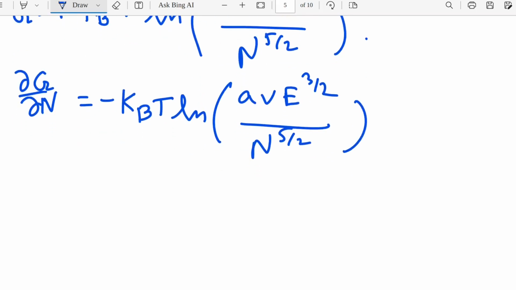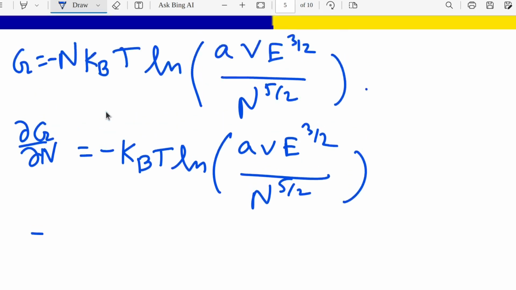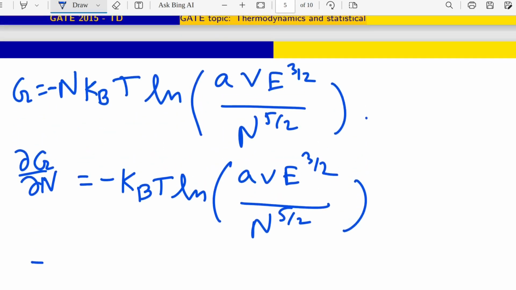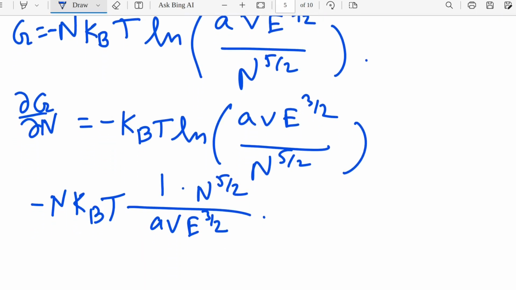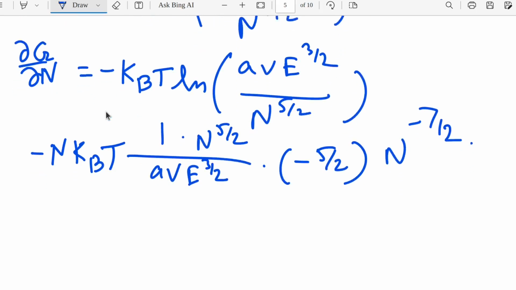And now the second term derivative. In the second term derivative you can see that the minus will be there as well. Then n kB T. Now ln x means 1 by x. So that means 1 by AV E^(3/2), and then here it is n^(5/2). Now after the derivative it will be minus 5/2 n^(-7/2). So that will be the required expression.